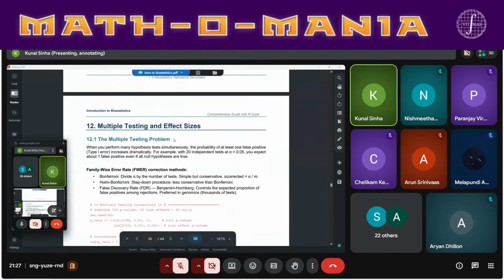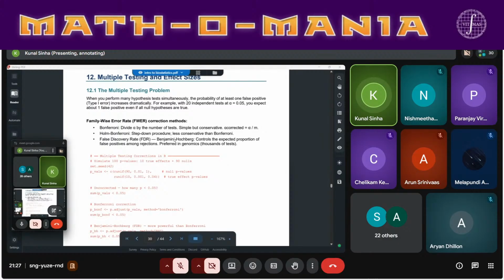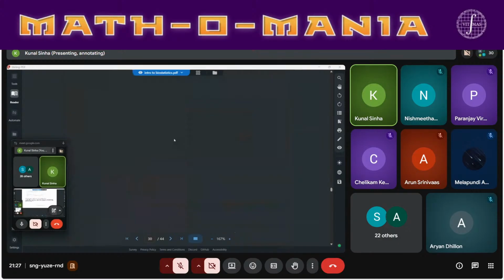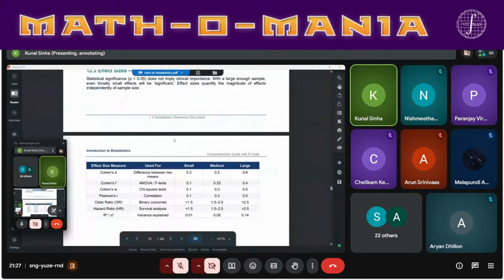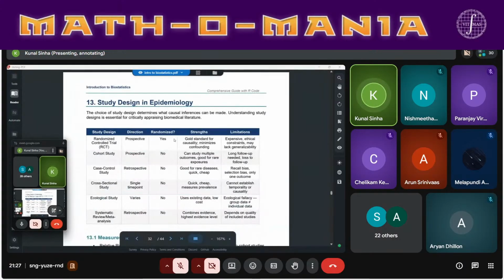And yeah, so multiple testing and effect sizes. This is again just a deeper part, and study design, epidemiology. So basically the choice of study design determines what causal inferences can be made.